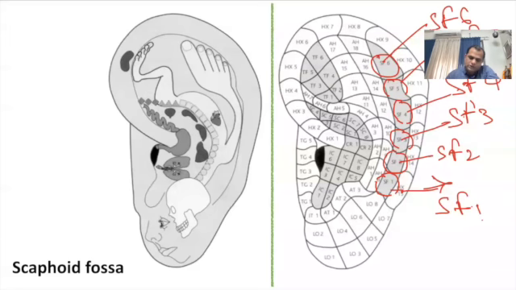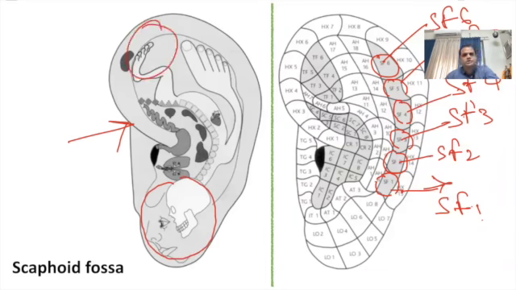Now if you see the other image, the body is located in a head down, feet up position. अगर आप इस इमेज को देखते हैं तो आप देखेंगे कि सिर नीचे है और पैर ऊपर हैं. And the location of the arm is in this Scaphoid Fossa. ये हमारा arm Scaphoid Fossa के अंदर रखा हुआ है.